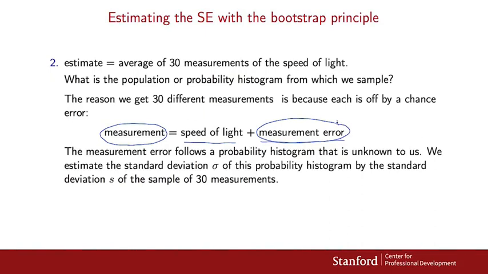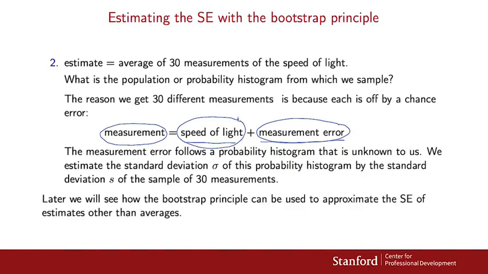So notice there is an added term, which is the speed of light, but remember that adding a fixed number to the measurements will not change the standard deviation. That's the reason why the bootstrap principle works in this case. Later on, we will see how we can use the bootstrap principle in even more complicated situations than these.